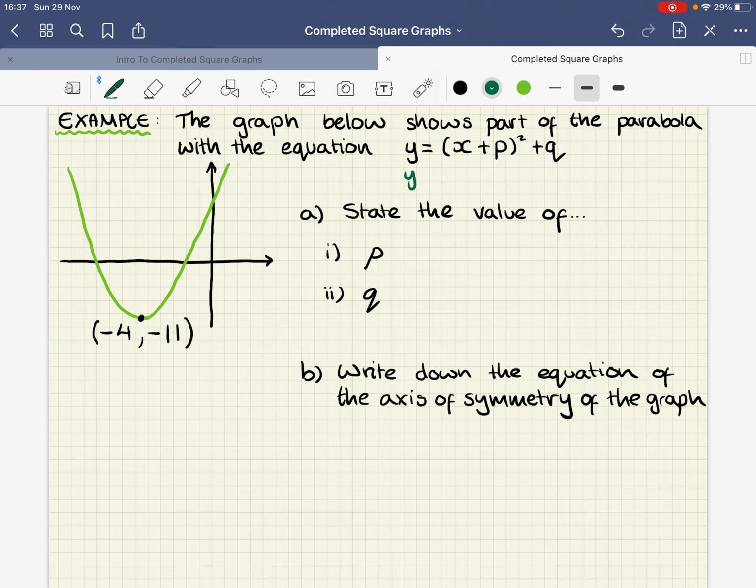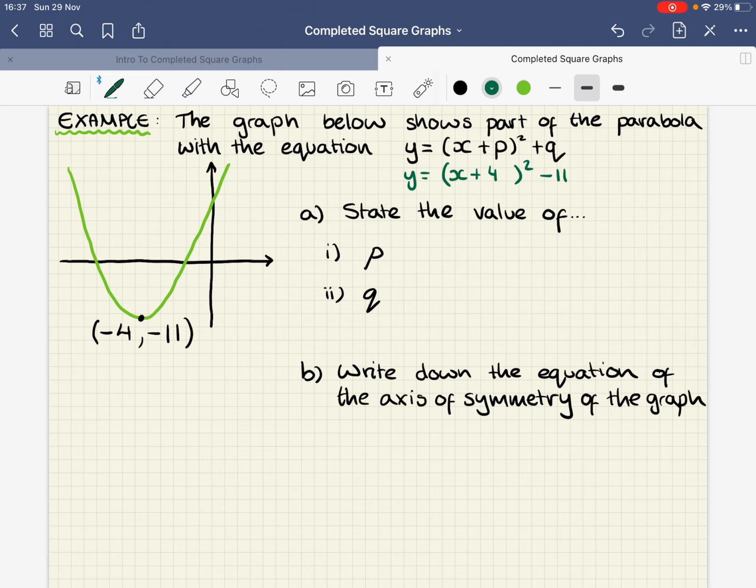So to begin with, I'm just going to write underneath my sort of change value. So I'm going to fill in my spaces like so. So firstly, I've got this minus 4. So I want to change the sign so it's now a positive 4. And then my y on the end is just going to be that minus 11.